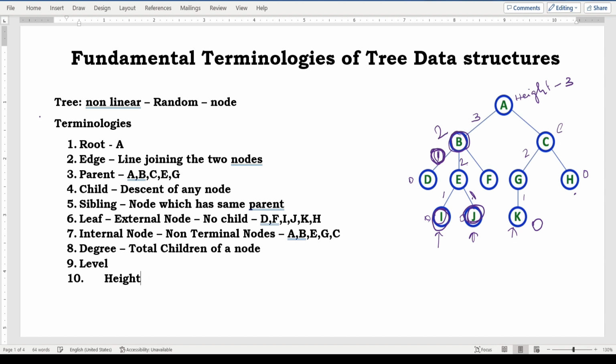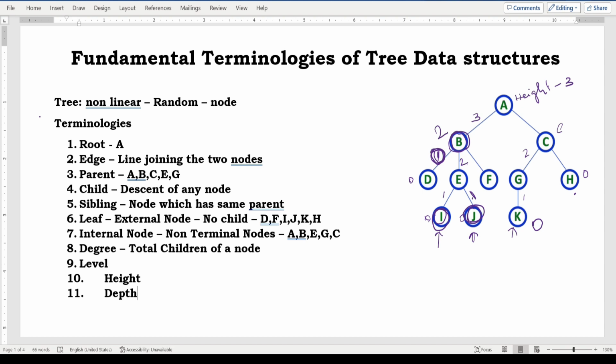And then this also needs no definition. Then depth. The total number of edges from the root node to a particular node is called a depth.